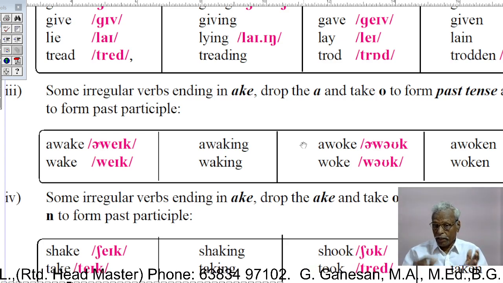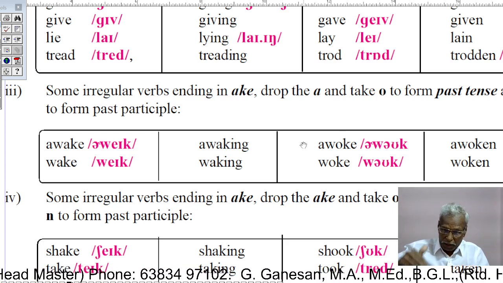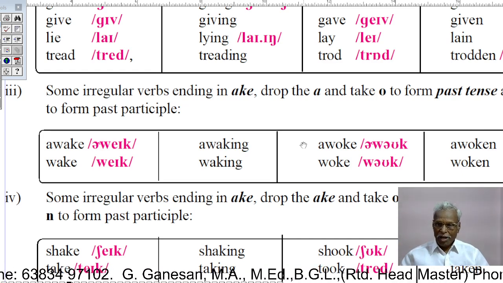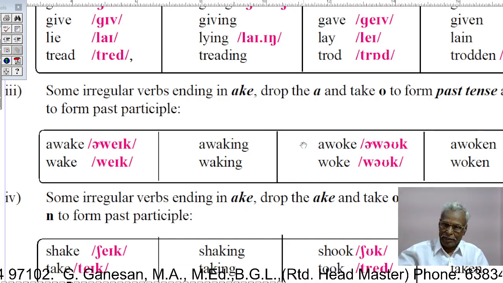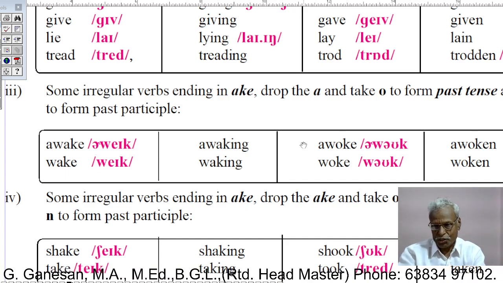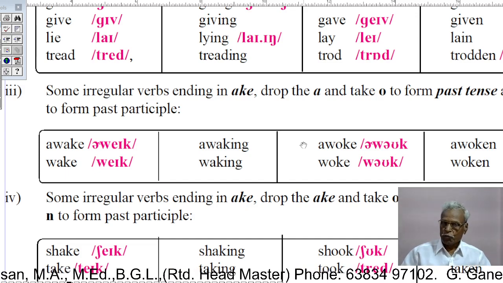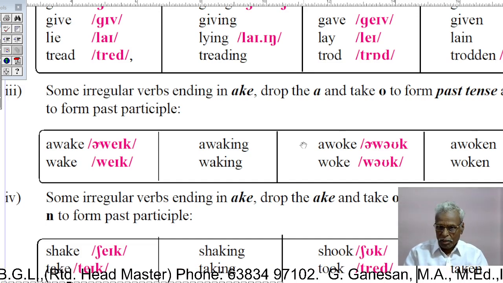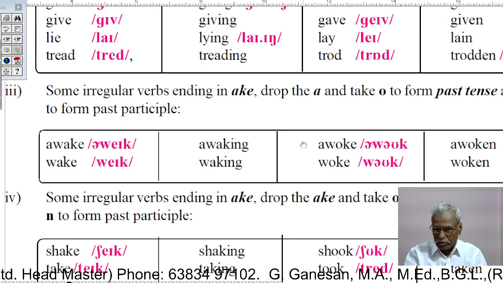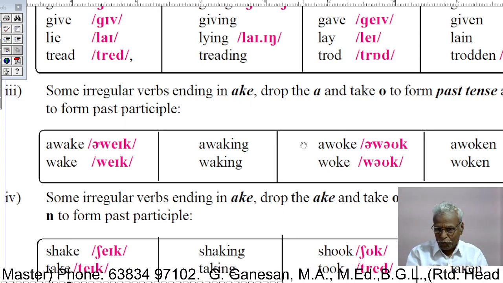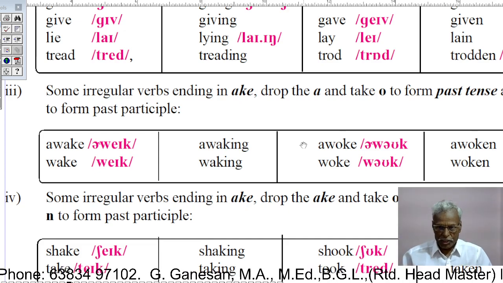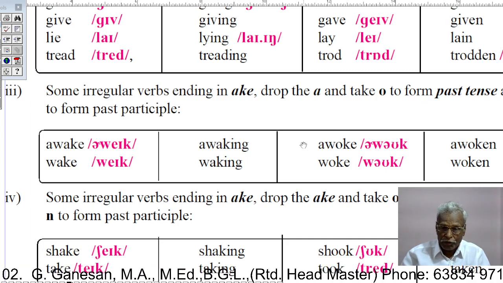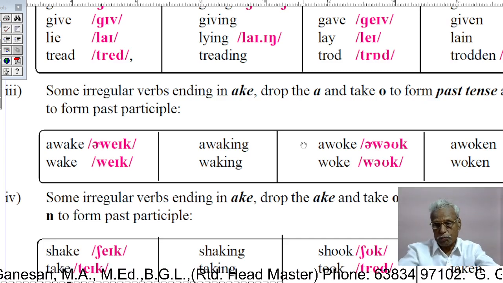Some verbs ending in ake drop the a and take o to form the past tense, and add n with the past tense to form the past participle.